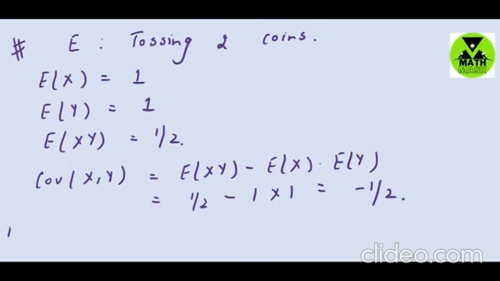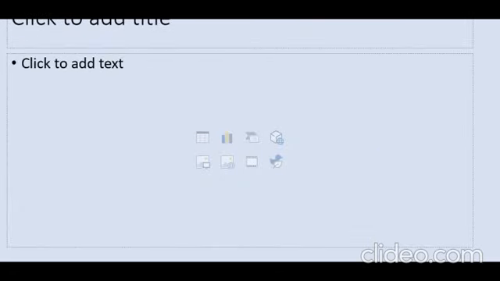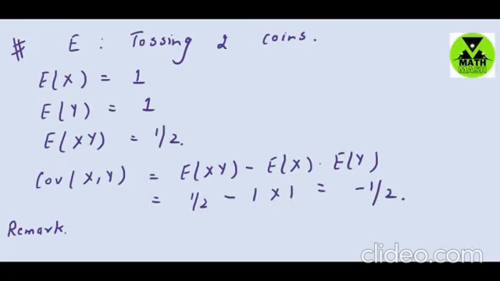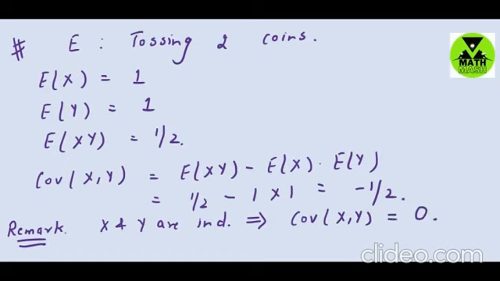So also one other remark is, if we have the first statement that if x and y are independent, this implies that covariance x comma y is equal to 0.